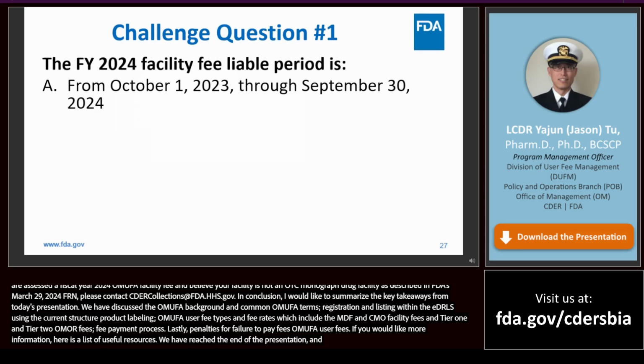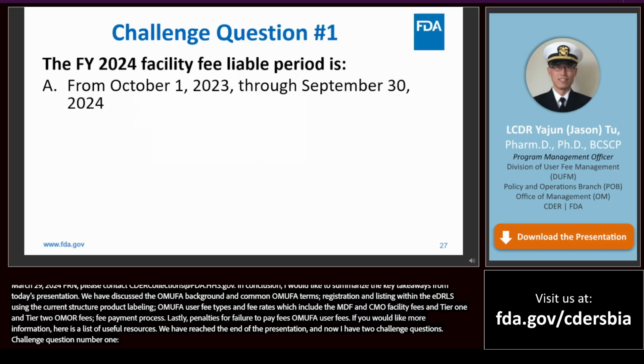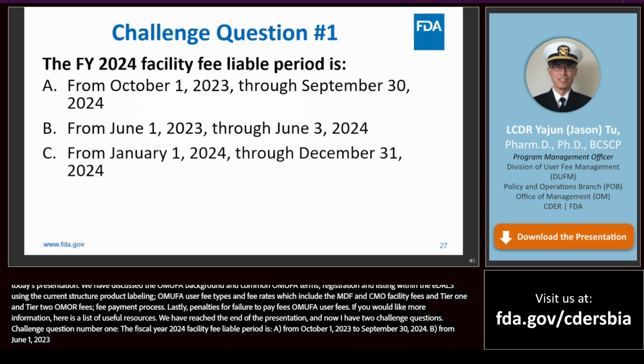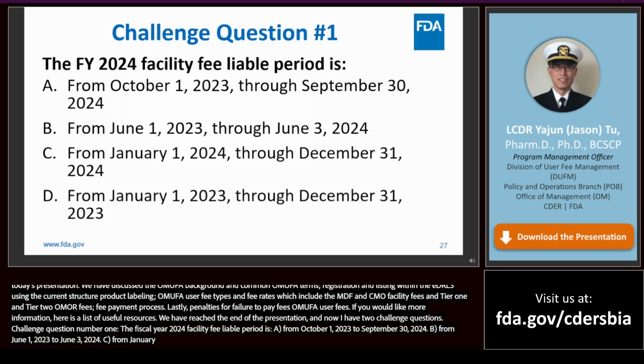Challenge question number 1. The fiscal year 2024 facility fee liable period is: A. From October 1st, 2023 through September 30th, 2024. B. From June 1st, 2023 through June 3rd, 2024. C. From January 1st, 2024 through December 31st, 2024.